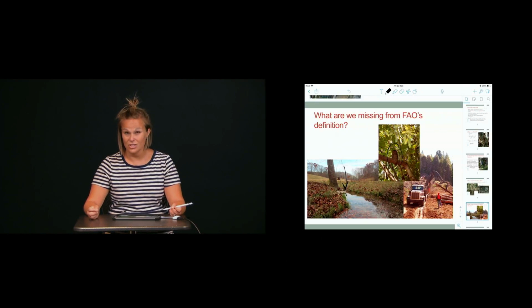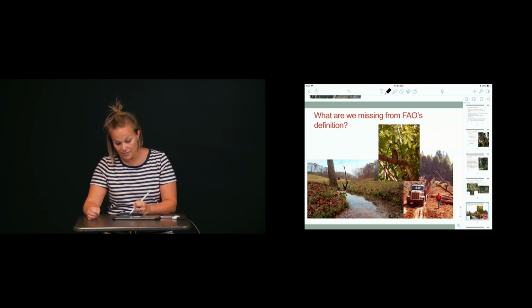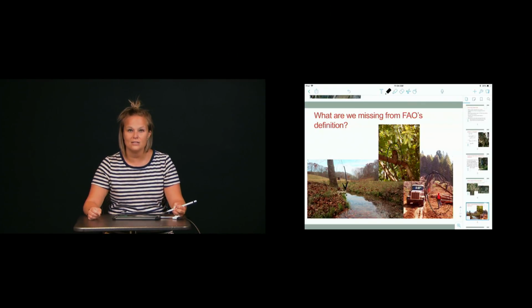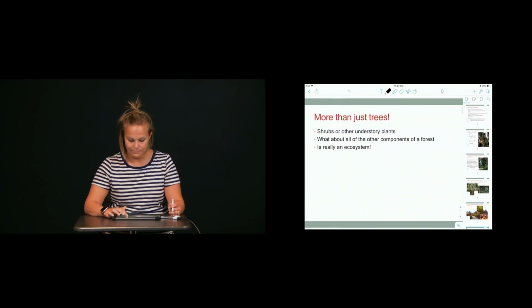So not only just the trees, but the ecosystem itself. And then finally, my last point was how it also serves for products and serves to help us in terms of making different things or sourcing out different materials. So those are pretty key things that are missing from FAO's definition, especially when we're talking about management moving forward.